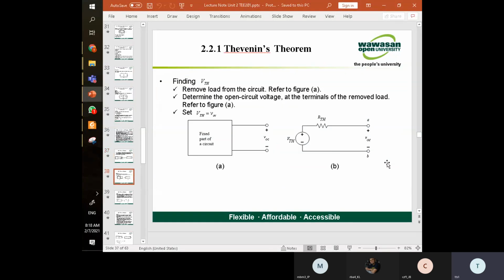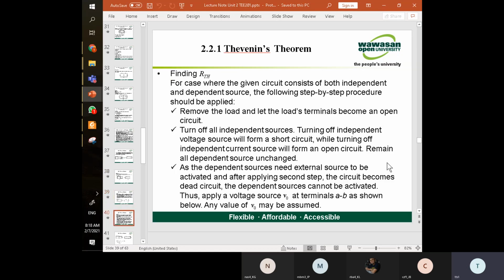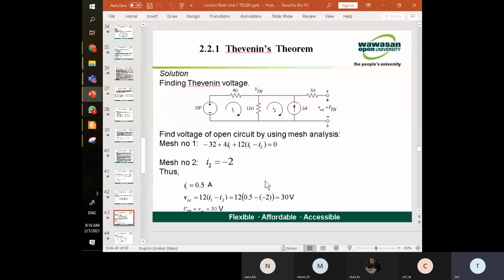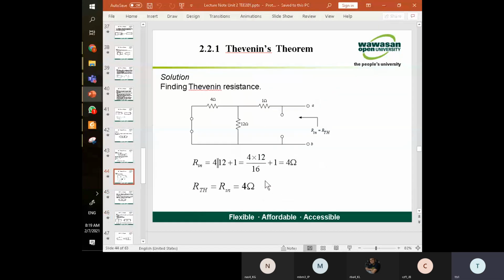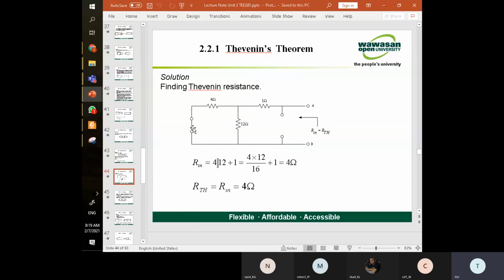To do this, you need to follow a few steps. The first step is to take the voltage source out and replace it with a short wire. What you see now is all resistances.